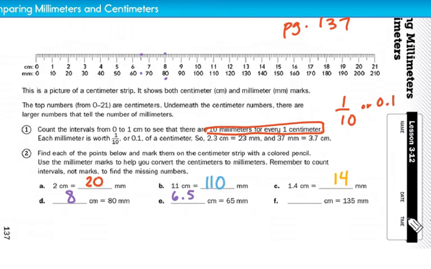And lastly, 135 is halfway between 130 and 140. And that would be 13 and, we say the word and when we place a decimal point, 13 and 5/10. 1, 2, 3, 4, 5 marks between the 13 and where we put our dot.